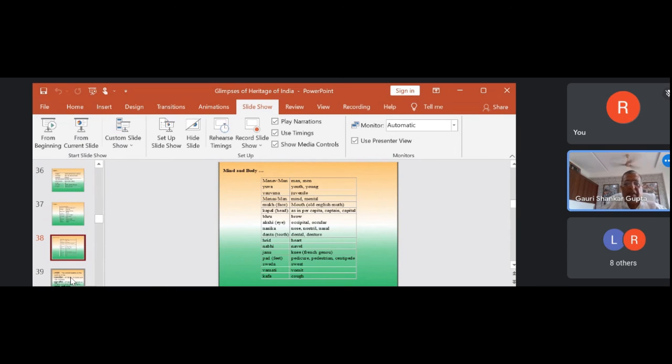We have nav. Nav is the Sanskrit word for the vehicle we use for transportation on water. Now navigation comes from there, and in fact there is a word in German which is also an identical word which is used for large ships.